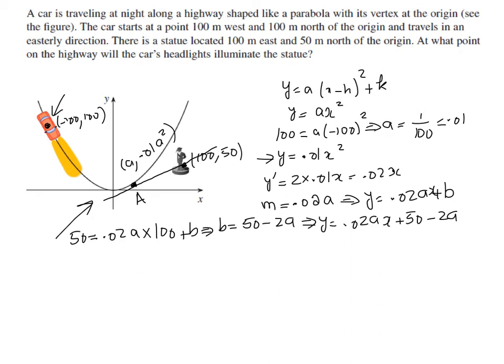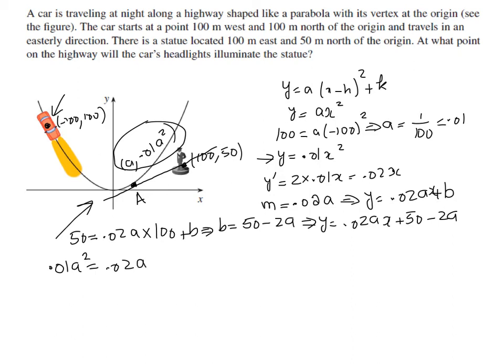Now, I also know that this tangent line goes through this point, so it has to satisfy the x and y coordinate. So if y is 0.01a squared, then 0.01a squared has to be equal to 0.02a times x.